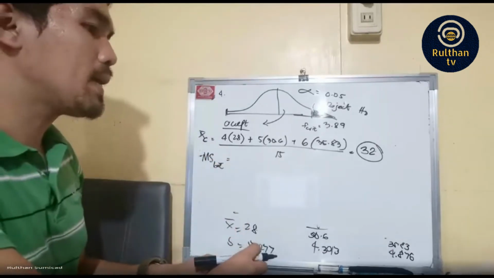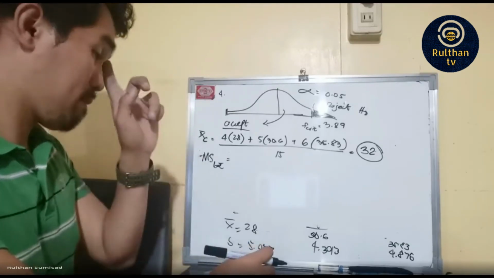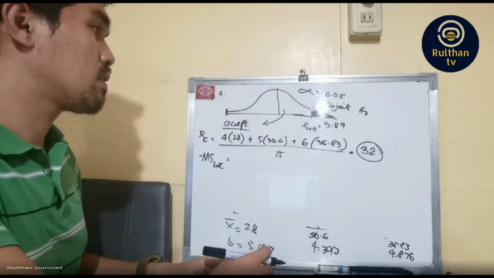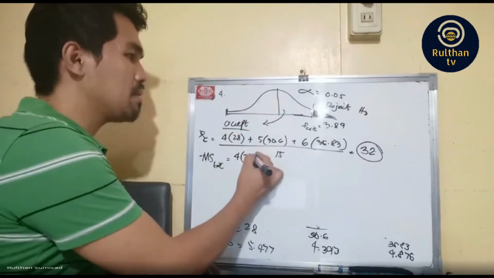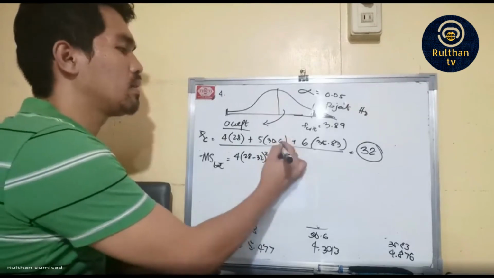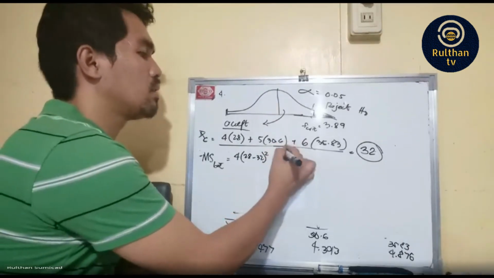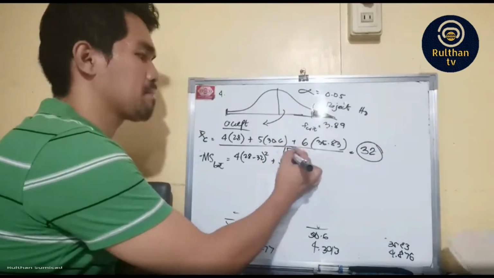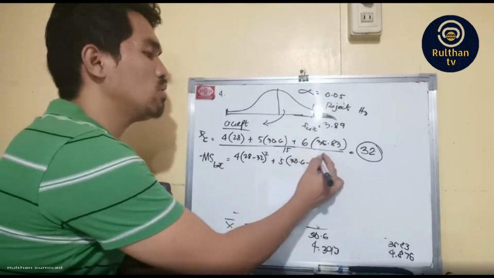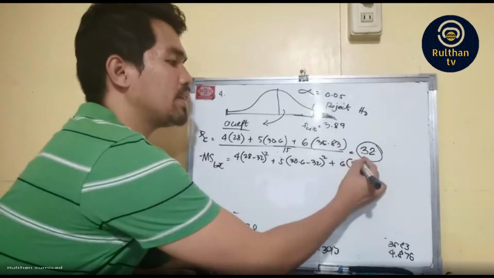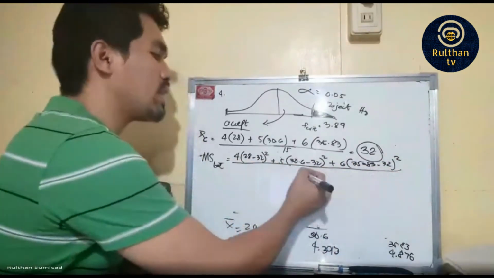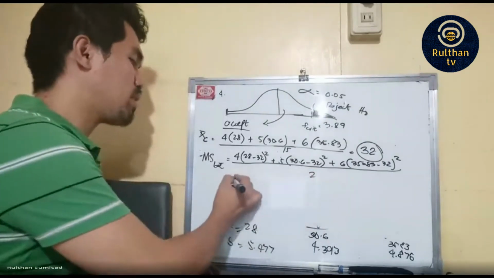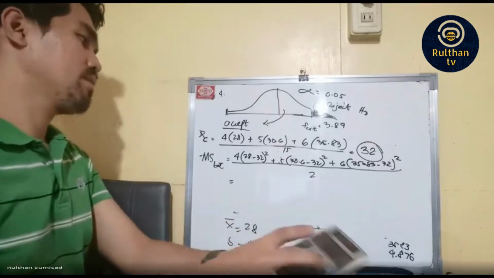The MS between is simply 4 times the mean 28 minus 32 squared, plus 5 times 30.6 minus 32 squared, plus 6 times 35.83 minus 32 squared, divided by the degrees of freedom between, which is 2. What is our MS between? Go ahead.